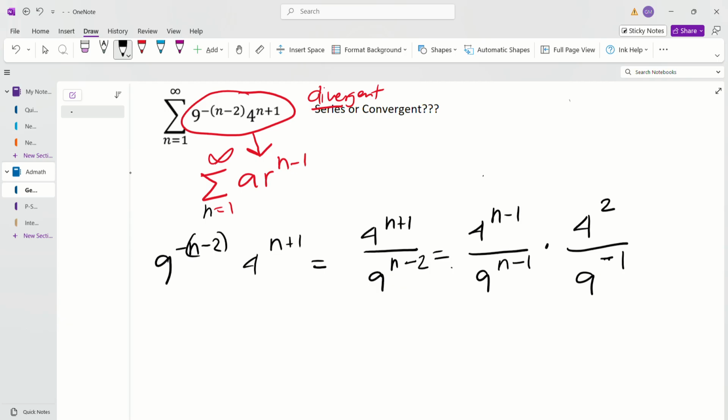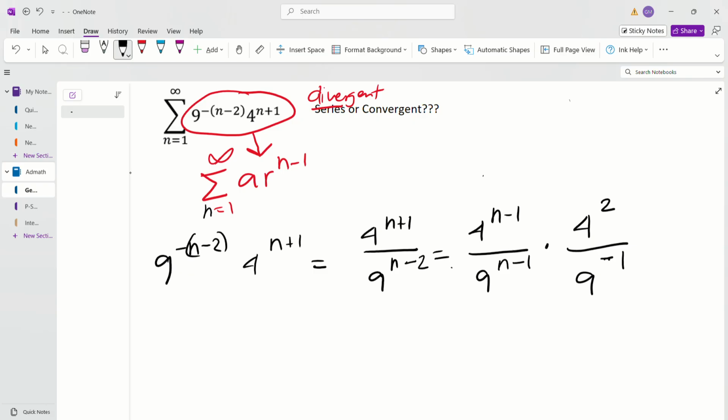Let's check. If we multiply 4 raised to n minus 1 by 4 raised to 2, the answer will be 4 raised to n plus 1, since negative 1 plus 2 is positive 1. Next, if we multiply 9 raised to n minus 1 by 9 raised to negative 1, we simply get the answer 9 raised to n minus 2.